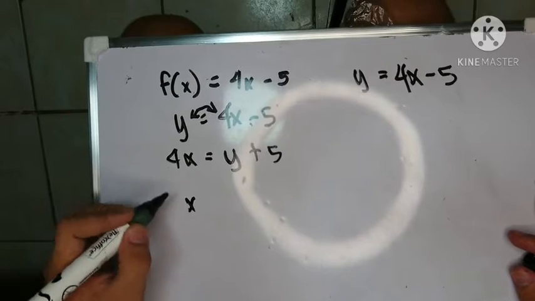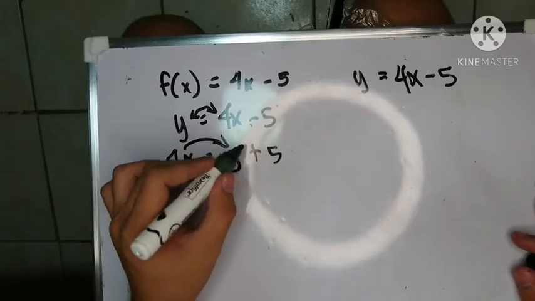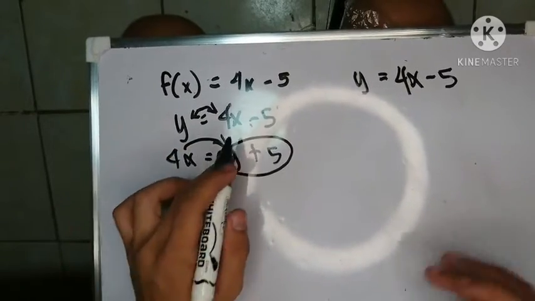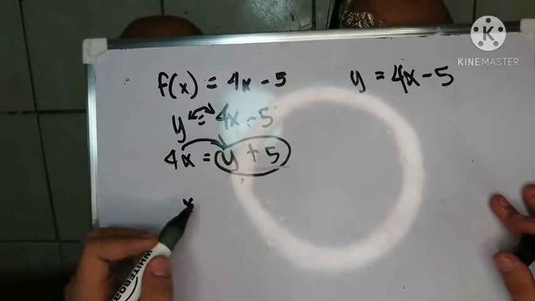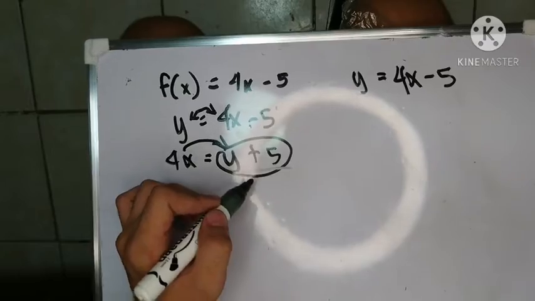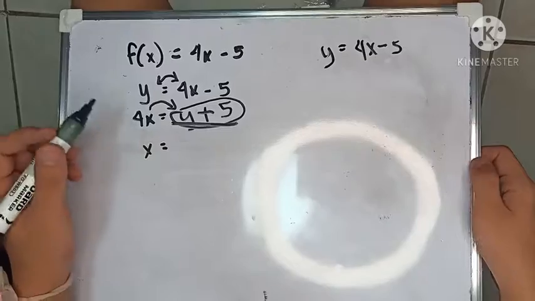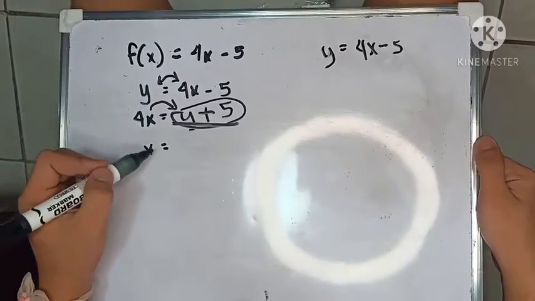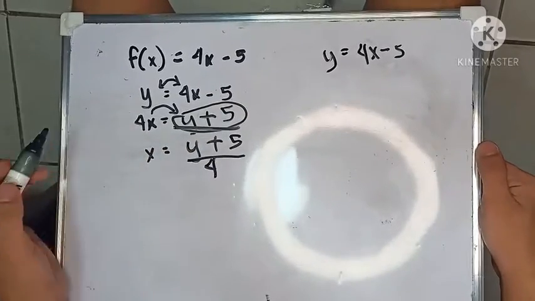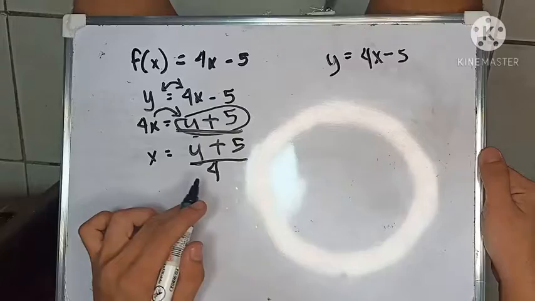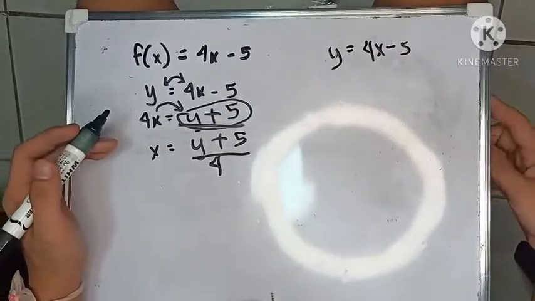The next step is to put the 4 under the other side, as a denominator, so x equals (y plus 5) over 4. This is the result of solving the equation for x in terms of y.